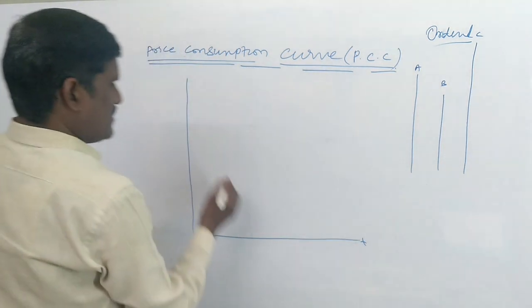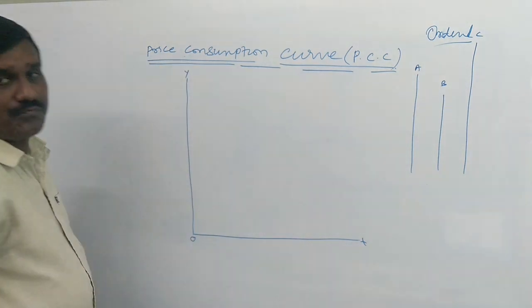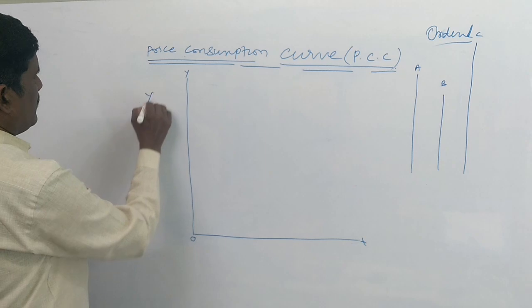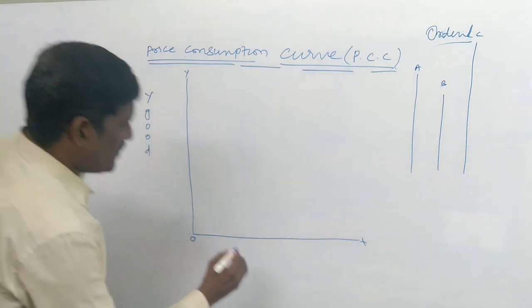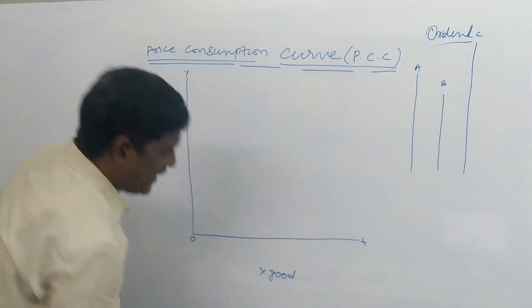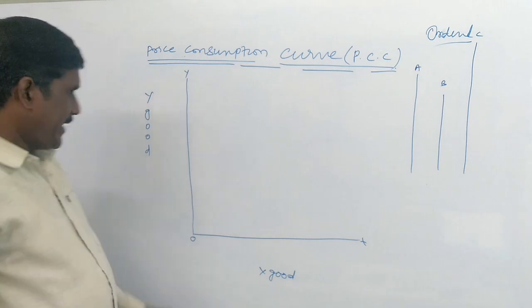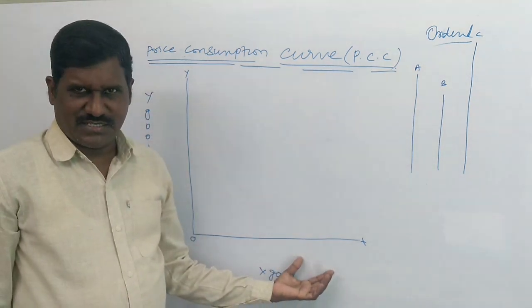This is X and this is Y, and this is O. I have taken Y good on the OY axis and X good on the OX axis.